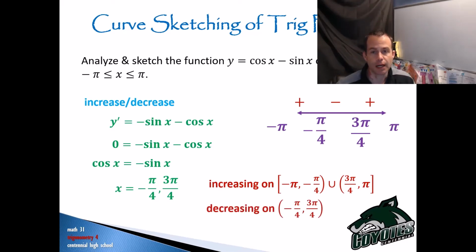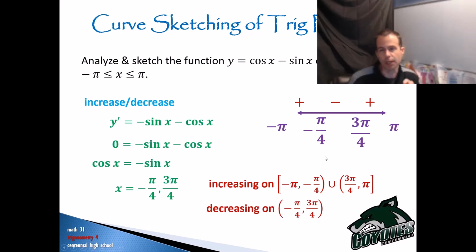Okay, so now I also want to talk about local max or mins. I am at negative pi over 4, switching from increasing to decreasing, so that's a local maximum. And at 3 pi over 4, I'm switching from decreasing to increasing, so that would be a local minimum.